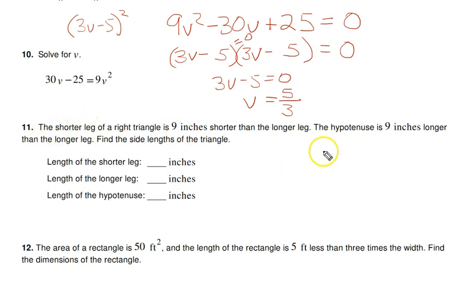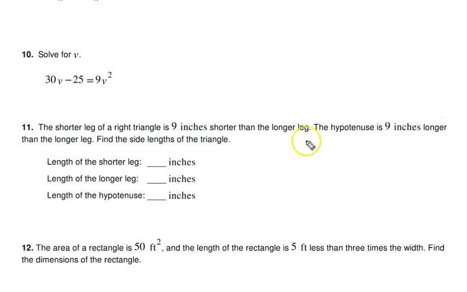Now, here we have a right triangle. I'm probably going to need that room here, so I will erase that part. We'll do the triangle again here. We're using the Pythagorean theorem, where this is side A, this is side B, this is side C, and the side opposite the right angle is the hypotenuse.